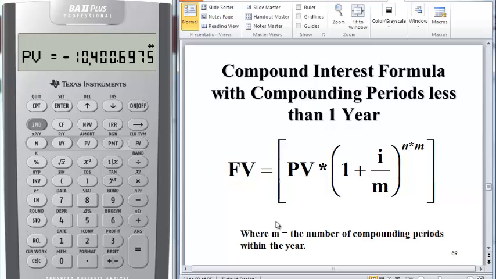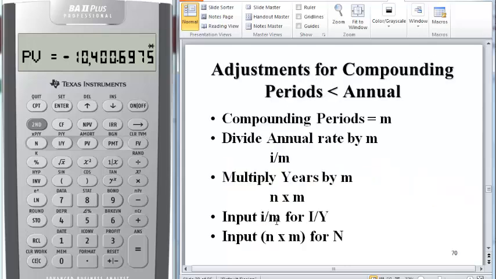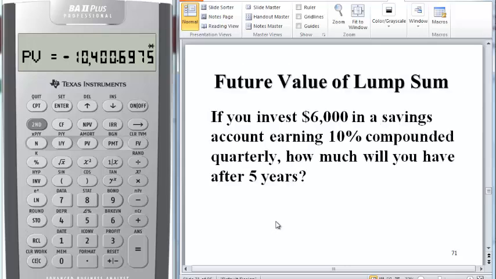Future value equals present value times (1 plus the interest rate divided by the number of compounding periods, m) raised to n times the number of compounding periods. So to make the adjustment with the compounding periods, I have to divide my rate by m and multiply my years by m.